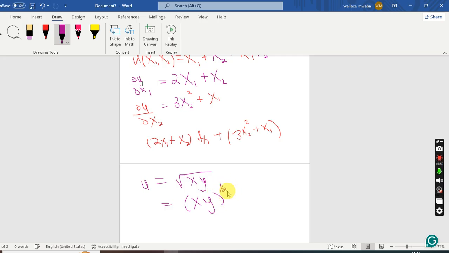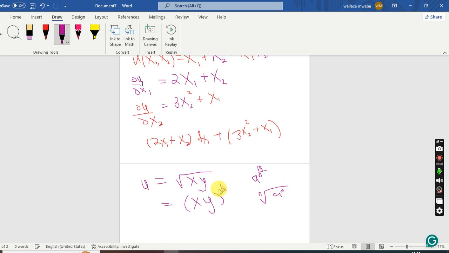Remember this rule of indices: a to the power m over n. Whenever you've got a fractional index, the denominator comes before the root, so you say the root of n, then the numerator comes inside as the power m.